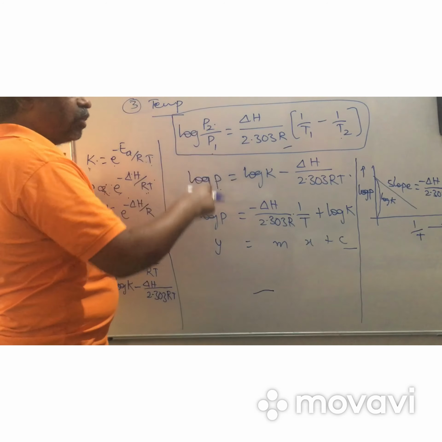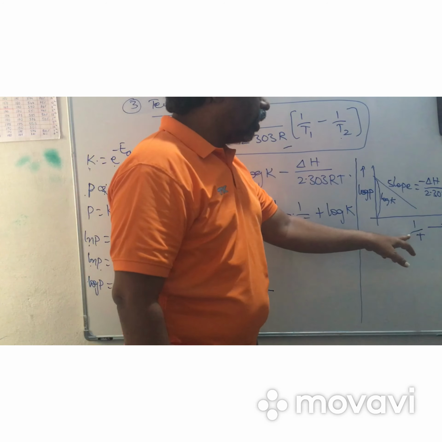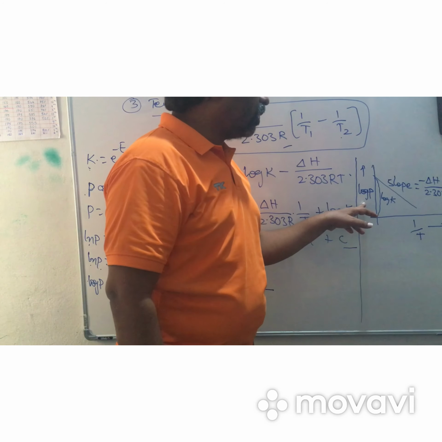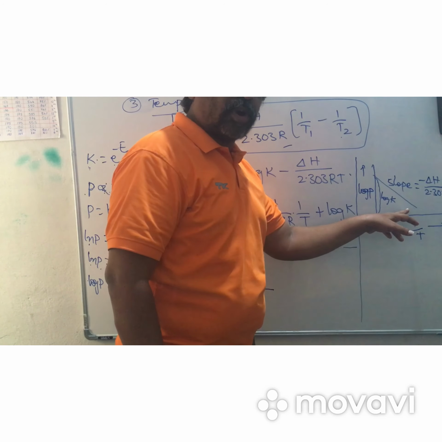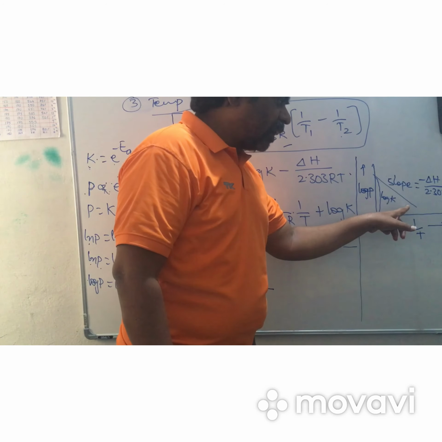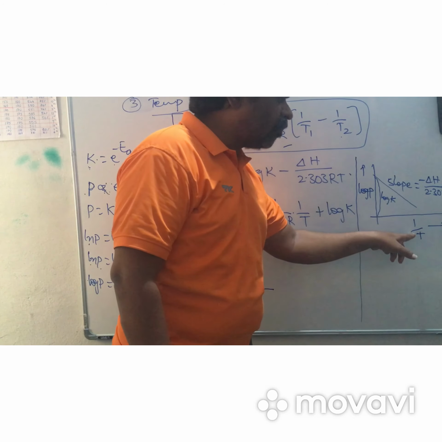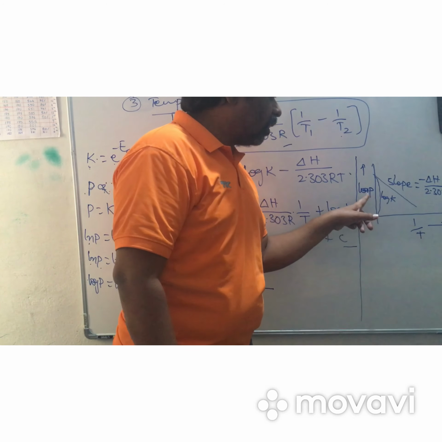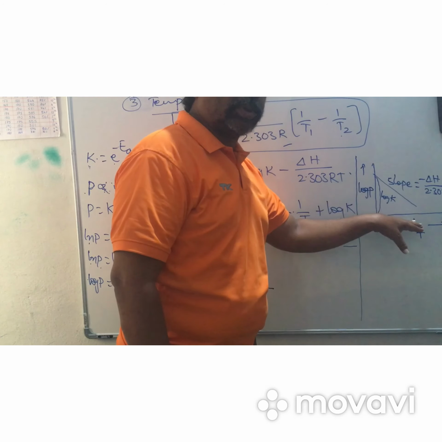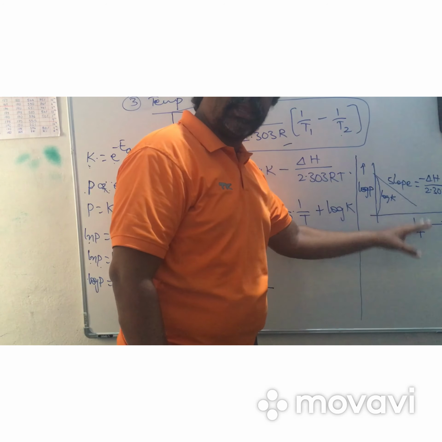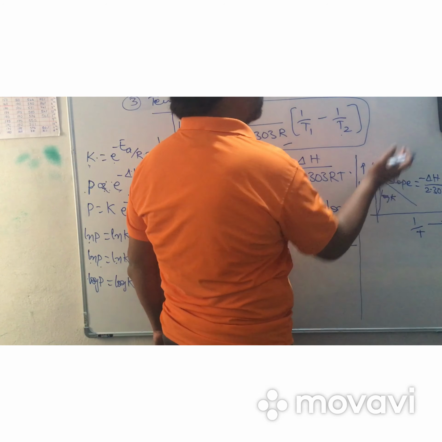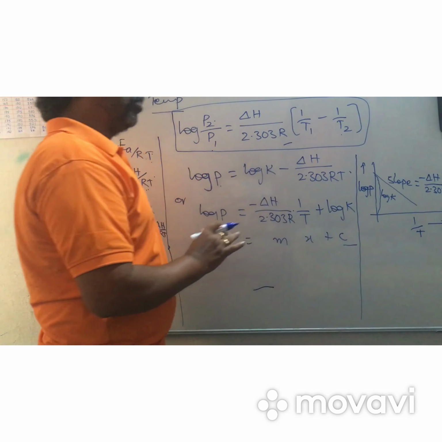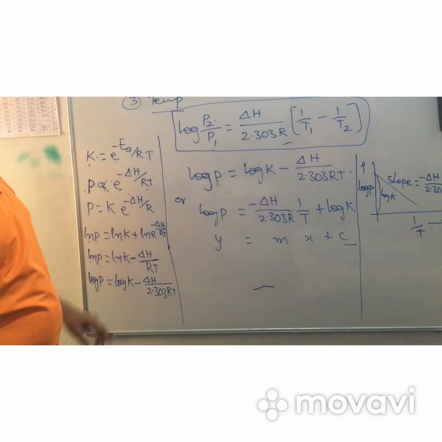In the derivation you got 1 by T. When 1 by T and log P are graphed, a straight line with negative slope is obtained, indicating a decreasing condition. Log P is inversely proportional to 1 by T, meaning log P and T are directly proportional. If temperature is taken instead, we again get a straight line with positive slope, which indicates an exponential increase.